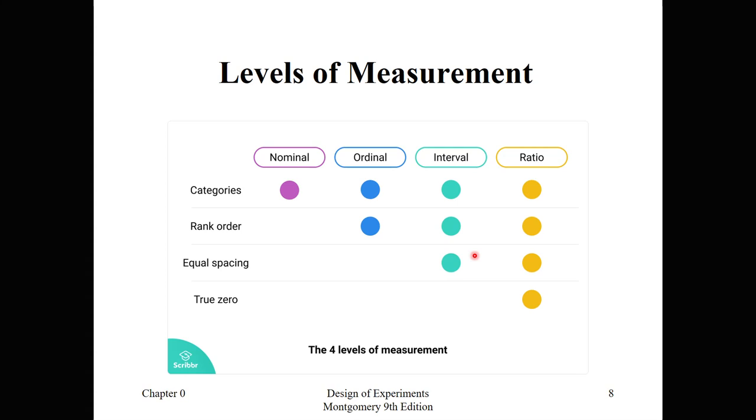And then the last category we have is ratio. So ratio has all of these things, but it also adds on to it a true zero. Now, what do I mean by true zero? Well, if we're looking at temperature, that was the interval example, and we have 5 degrees, 4 degrees, 3 degrees, 2 degrees, 1 degree, 0 degrees, well, when we consider the 0 number, we can then go to -1 degrees and -2 degrees and -3 degrees and -4 degrees and on and on and on.